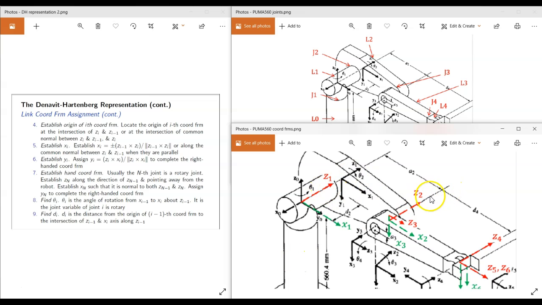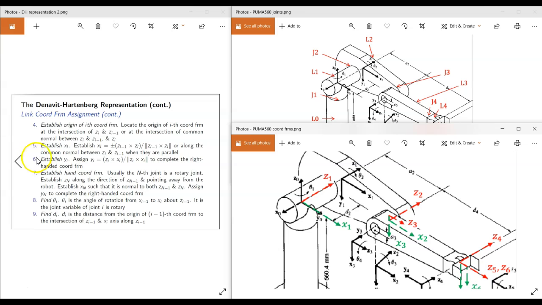Because Z1 and Z2 are parallel, we have to choose a common normal. So imagine I choose this line, which is perpendicular to both Z1 and Z2. So that is my common normal. So where is the intersection of my chosen common normal with Z2? It's exactly at this point right here. So that is my origin.